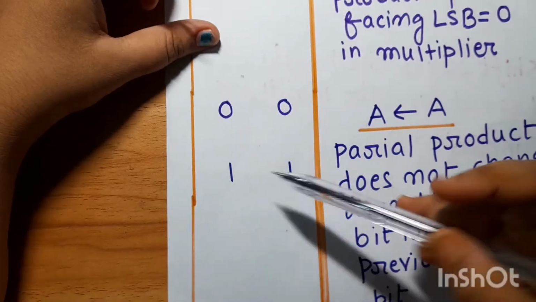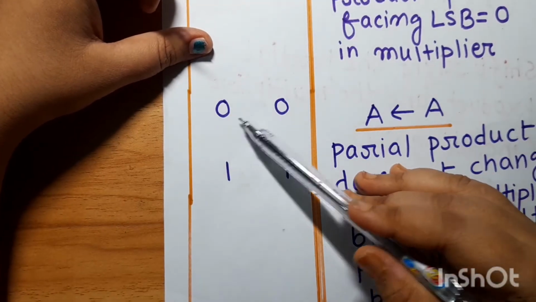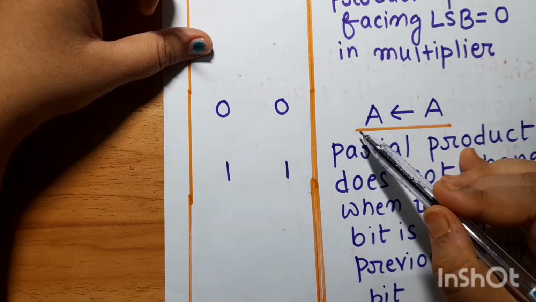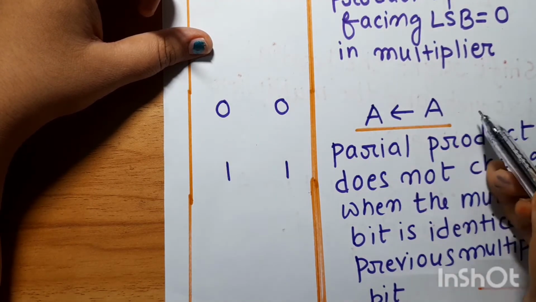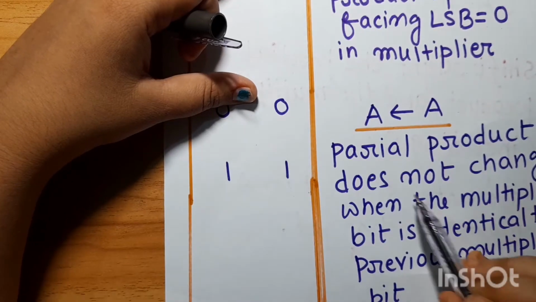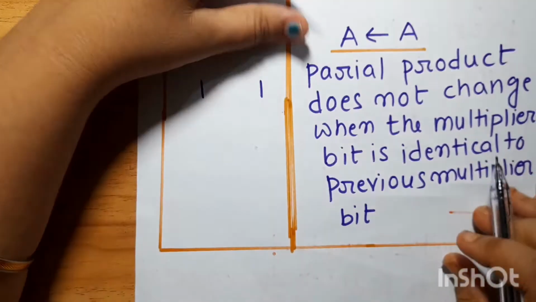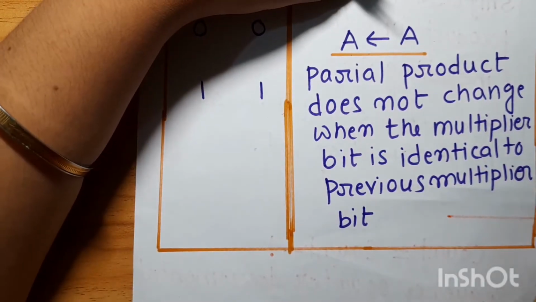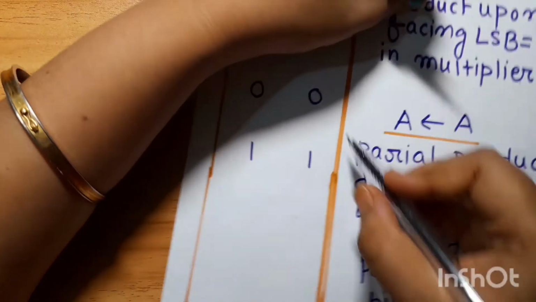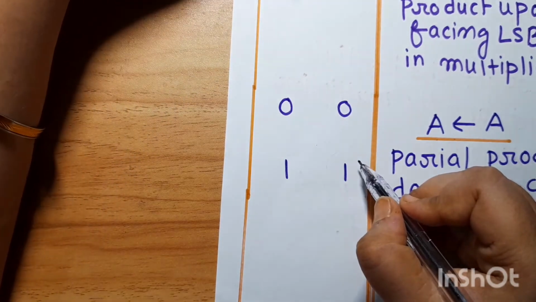Now 0 0 or 1 1, when q0 and q minus 1 are both the same, 0 0 or 1 1, in either of the two cases there is no change in the value of the partial product. A will hold the old value only. The partial product does not change when the multiplier bit is identical to the previous multiplier bit. This is the previous multiplier bit, q minus 1.